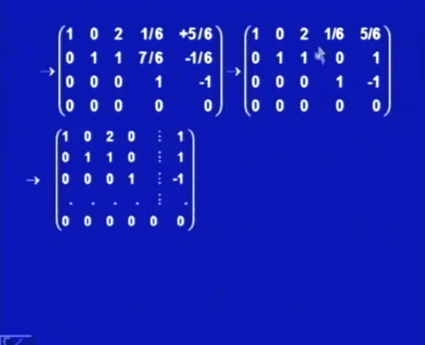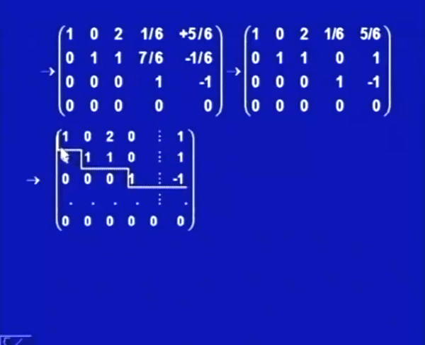We can divide this matrix into 4 different parts. One part is this, another part is this, the third part is all zeros, and we have a 0. In this we can say that this is the echelon form. We will have 1 here, 1 here, and this is 1.